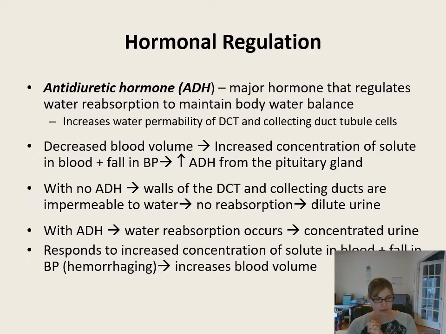Not enough water means not enough blood volume, which can lead to blood pressure drop. So when we drink some alcohol or have a lot of coffee, then this whole system fails and we start eliminating very dilute urine. So with antidiuretic hormone, we reabsorb water and we concentrate our urine.